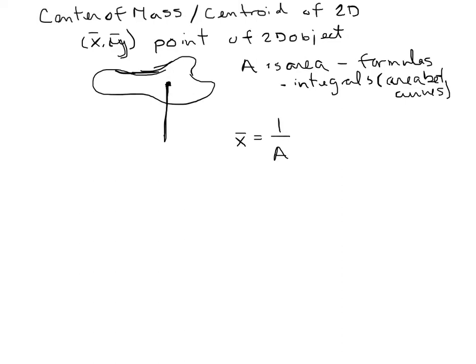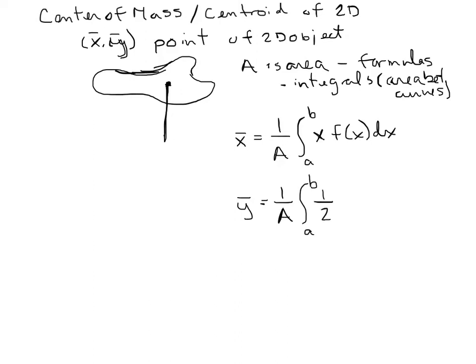So the X bar, the X point of the centroid, is 1 over A times the integral from A to B of X multiplied by a function of X dx. And the Y bar is 1 over A, integral from A to B of 1/2 times the function squared dx.